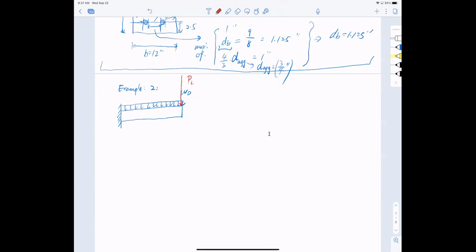All right, live load. Okay, now, to be a little bit more tricky even, I say, look, for this, omega D, which is the dead load, is only self-weight, just the concrete. All right, and then PL, which is the live load, equal to 5 kips.